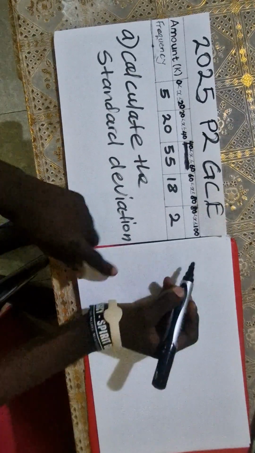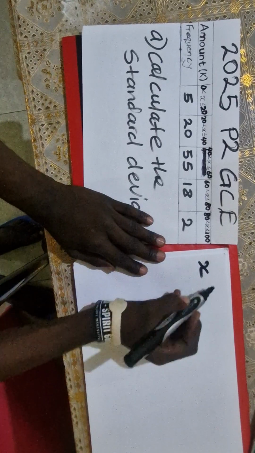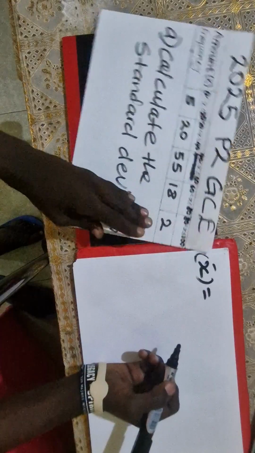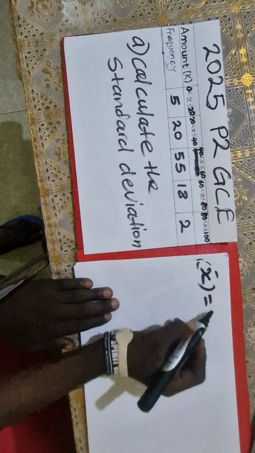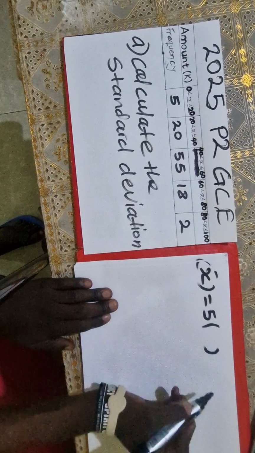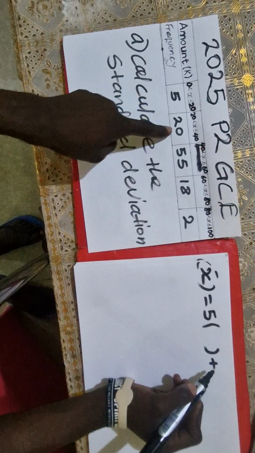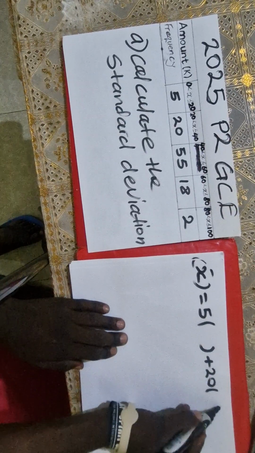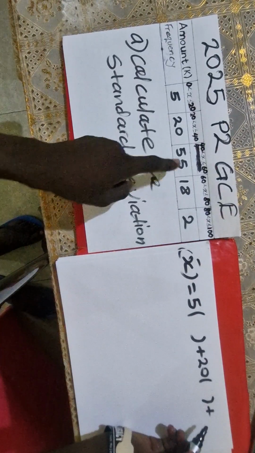So what do I need to do with my step? I'll get this 5, open bracket, plus 20, open bracket, plus 55.